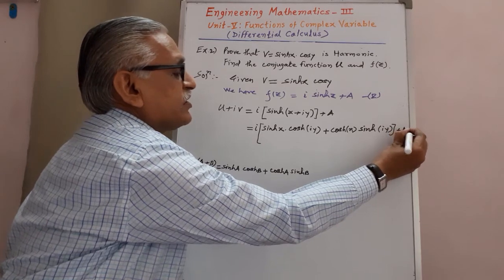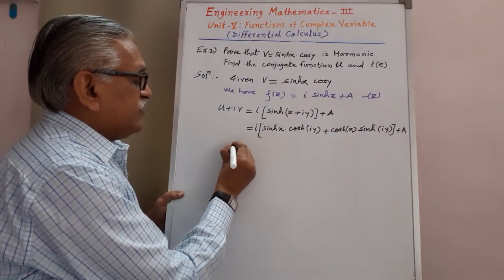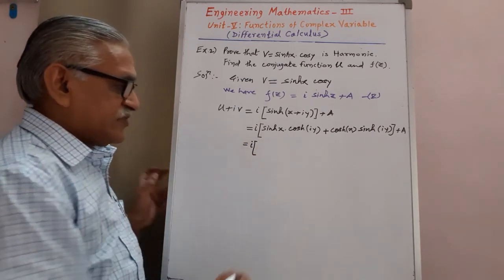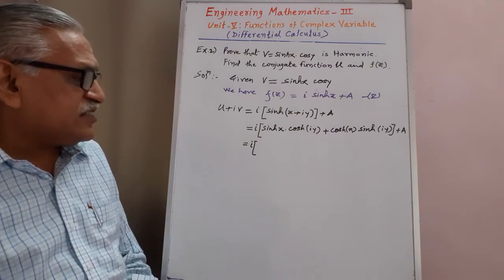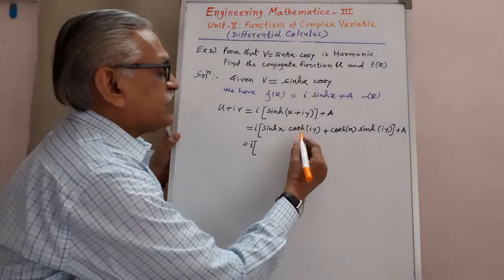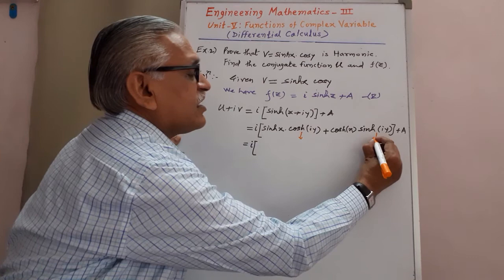plus constant a, and therefore it equals i times, we have the result from complex numbers for cos h iy and sin h iy.